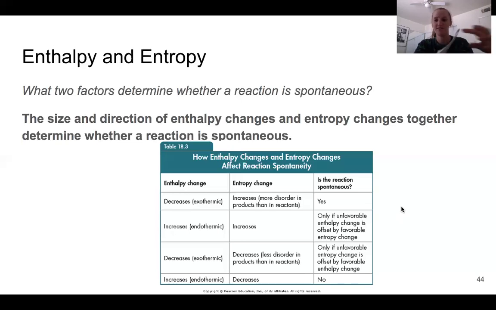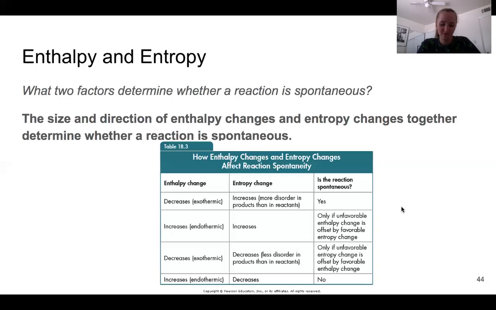Looking at these three on the top, all of them, except for the first one, have one thing that's favorable and one thing that's unfavorable. But if the favorable one, like the entropy increasing, has an arrow larger than the heat absorbed, looking at the second one for example, then that would still make it a spontaneous reaction. So you've got to look at the arrows, how they are moving, which one is giving more energy and which one is losing more energy.